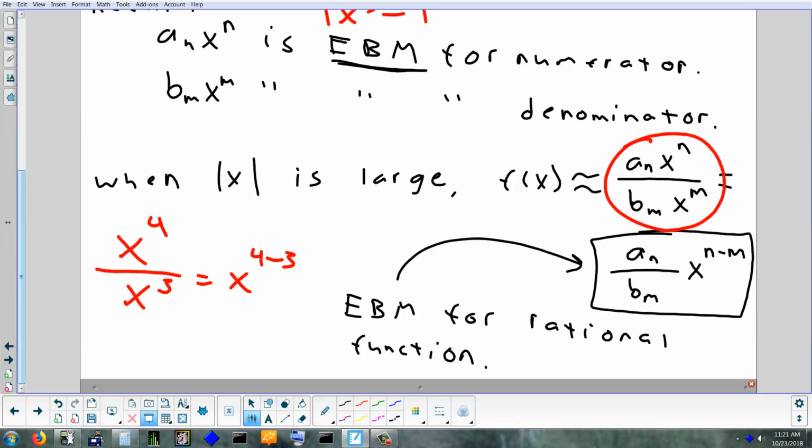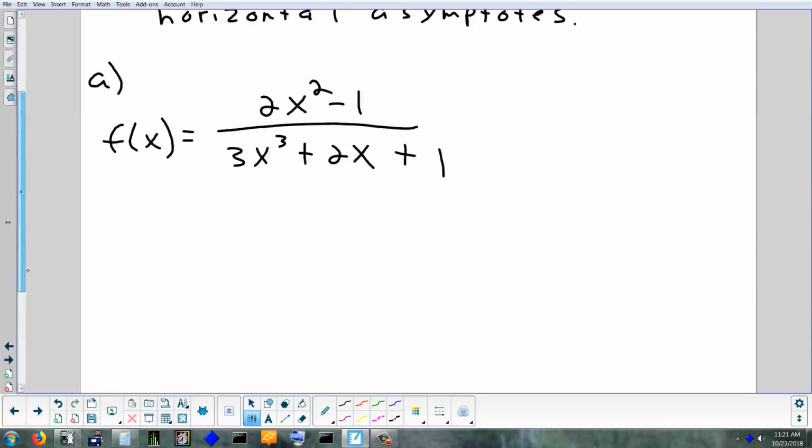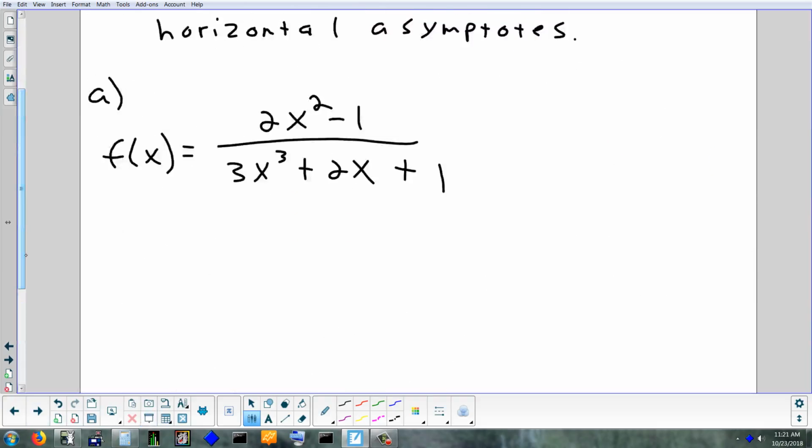Okay, so let's take an example and see if we can find the end behavior model for our function. All right, so it says find the EBM. And then after that, we'll do the horizontal asymptotes. Okay, so let's start with the top.